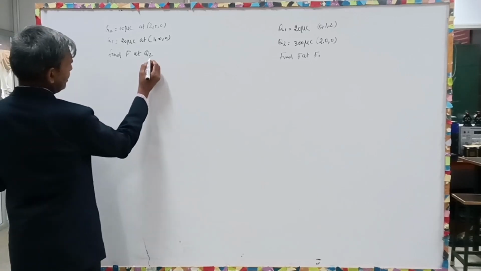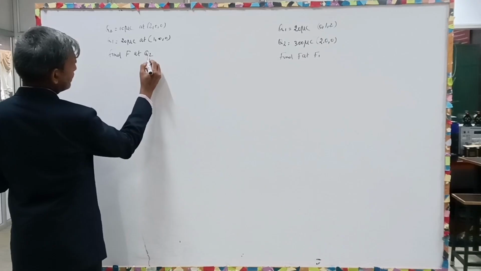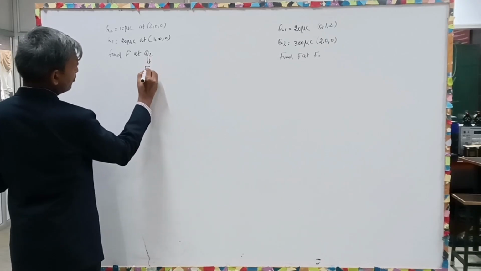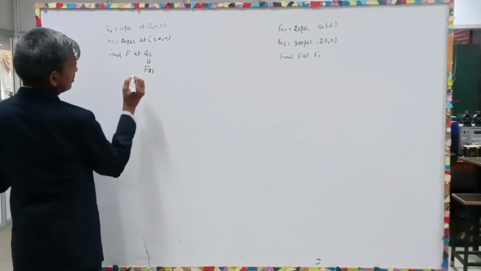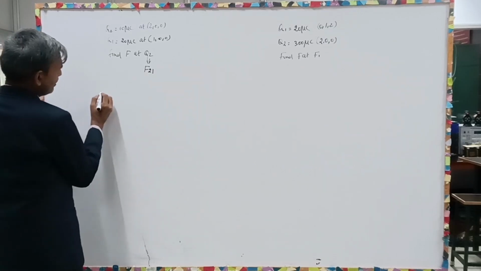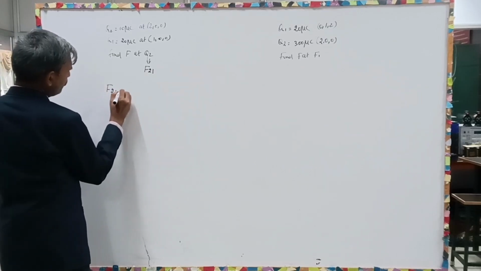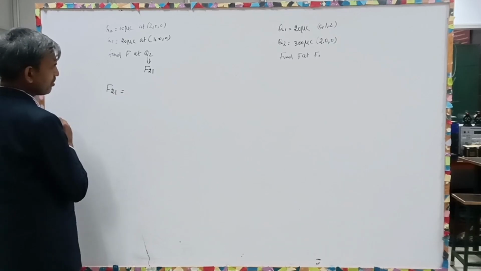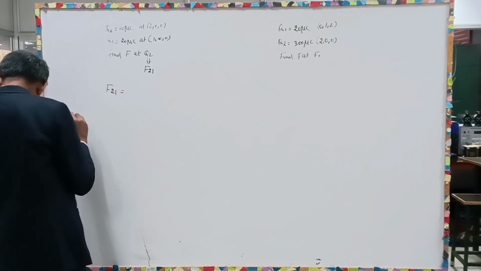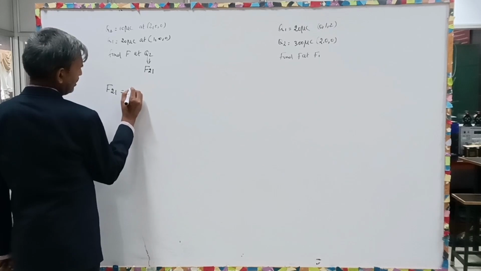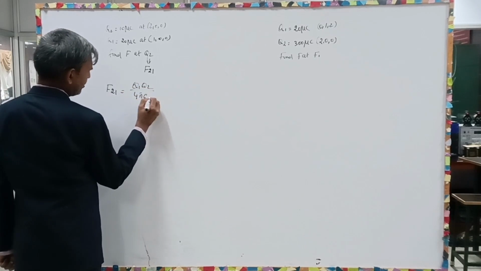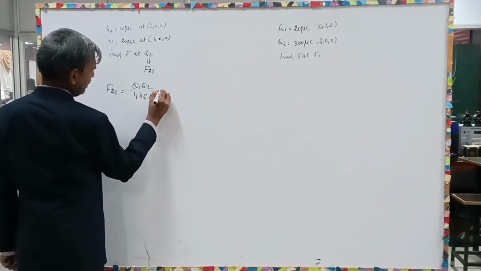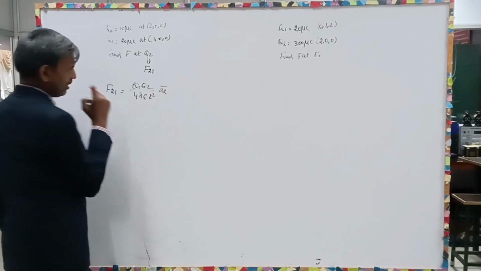Now we are finding the force at Q2, so force F2 due to Q1. So we can find F21 is equal to, so we know the formula is Q1 Q2 divided by 4 pi epsilon into r square along the unit vector aR.